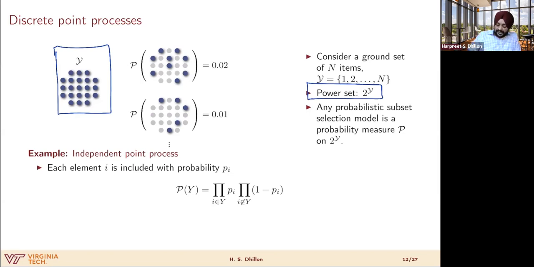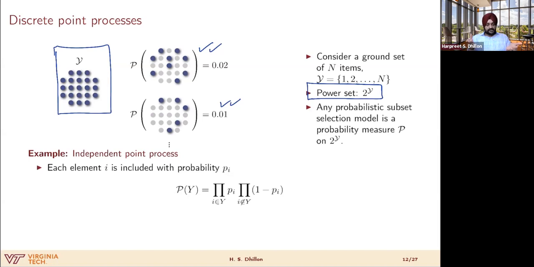For example, for this subset, I can put the probability of occurrence to be 0.02. I could put the probability of occurrence of this subset as 0.01. So you have a base set from which you are selecting, and this setup will be quite essential for the type of application we'll be studying.